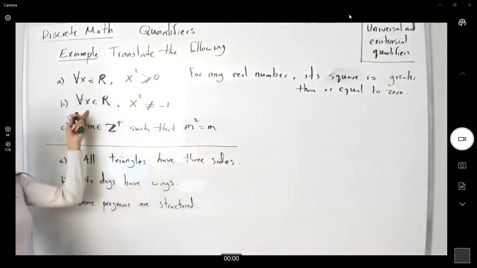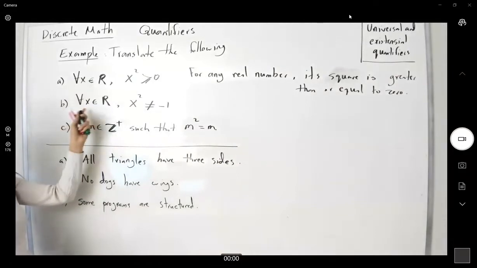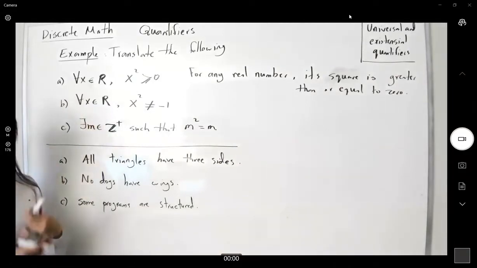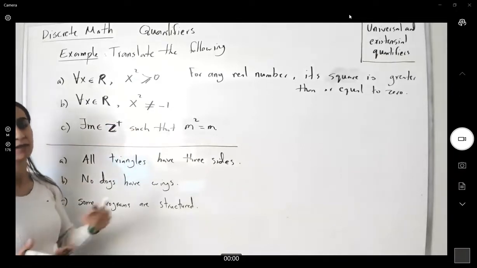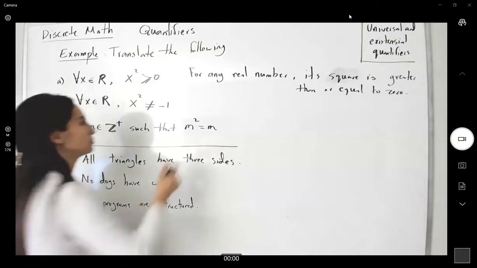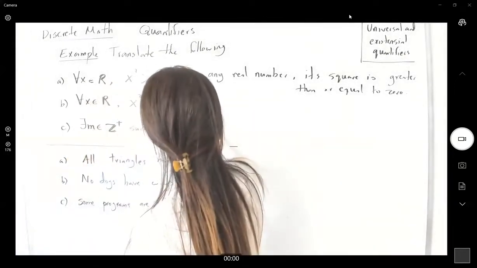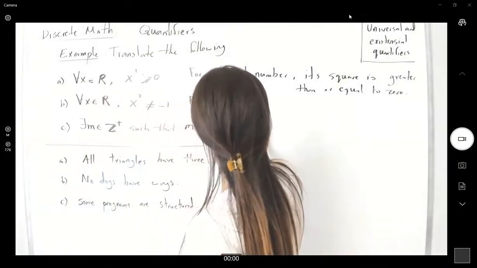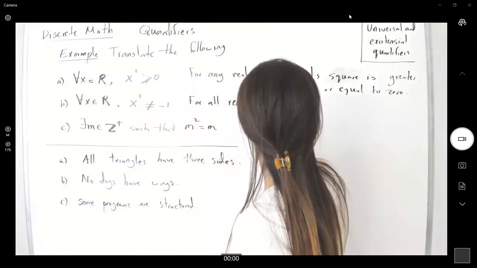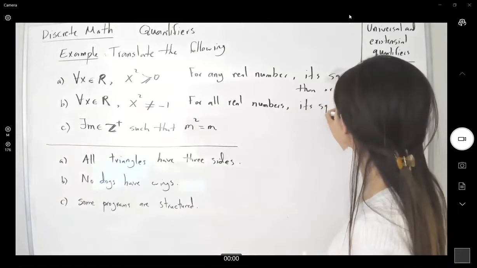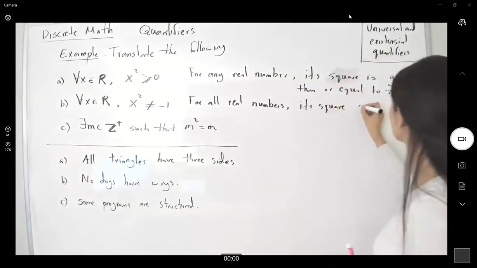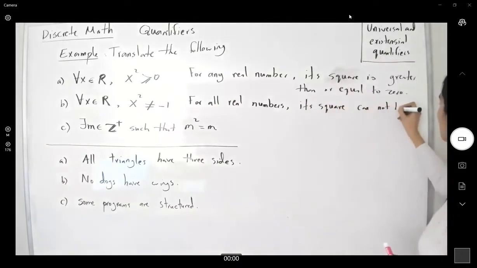Here you can just say that for any real number, its square cannot be -1. For all real numbers, its square cannot be negative.